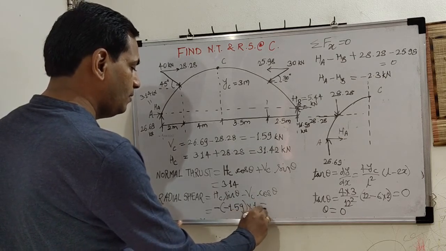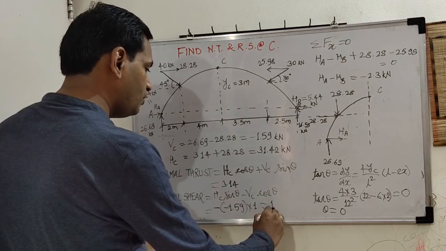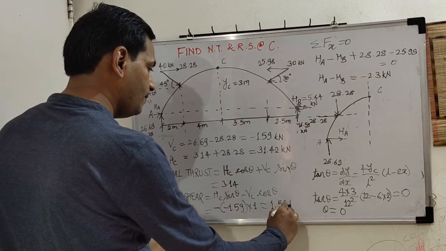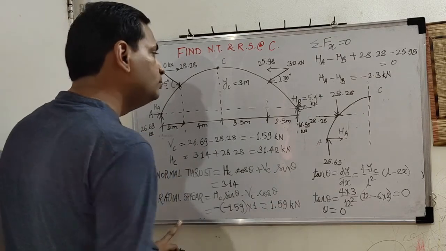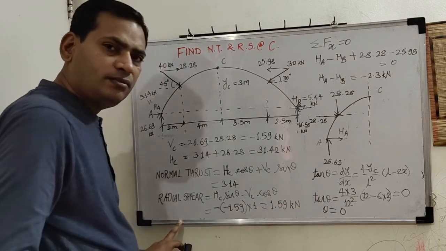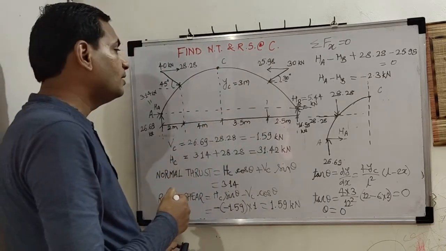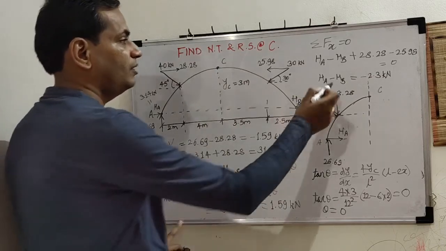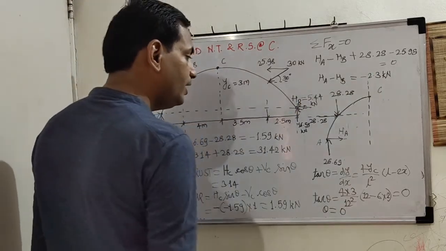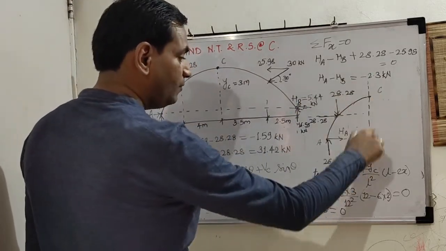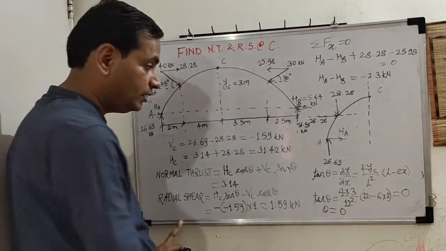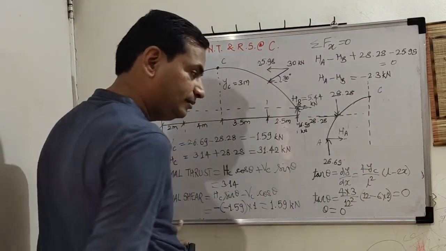So minus minus plus 1.59 kilonewton. Over. A little bit complicated because there were inclined loads, chances of mistakes were here, finding out the net shear force, then tan theta.